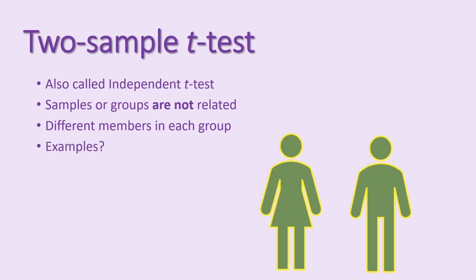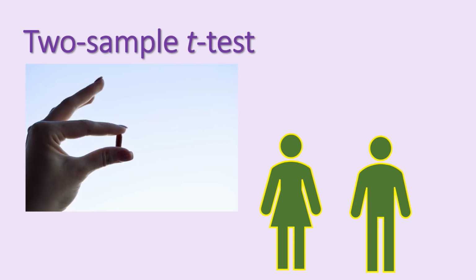Some examples can include if you're looking at differences between males and females, right? Or say between freshmen and seniors. Or you're looking at the differences between those that received a certain treatment or drug and those that received a placebo. Here you will use a 2 sample t-test. The thing to remember again is you're looking at separate groups, right?